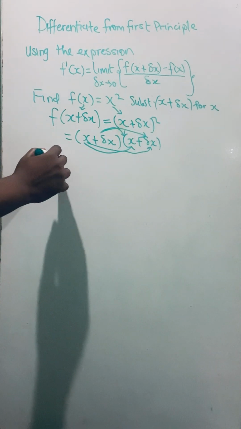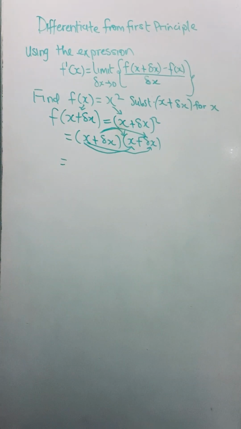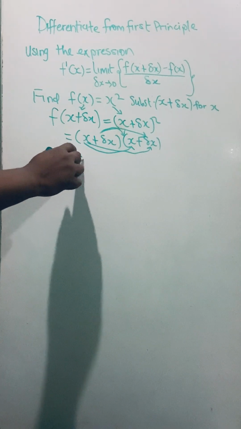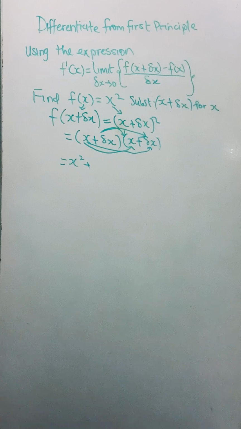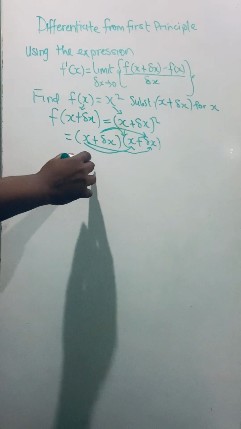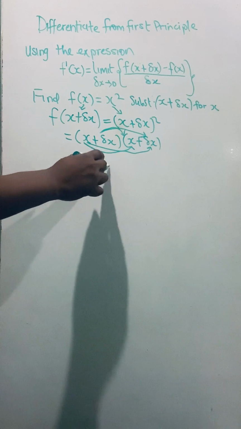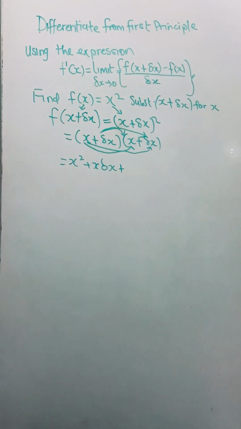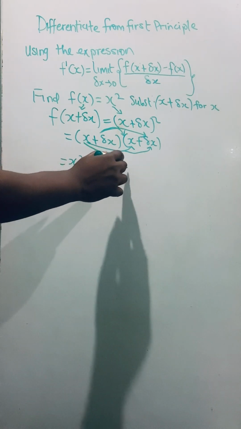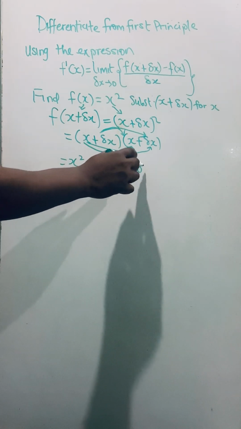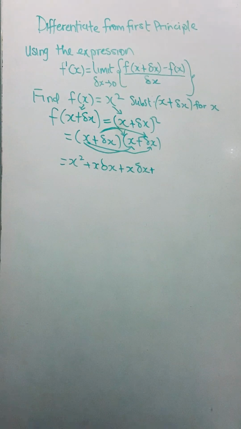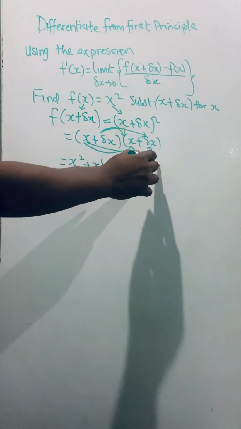So let's now do the multiplication. x multiplied by x will give us x squared, plus x multiplied by delta x will give us x delta x, then plus delta x multiplied by x we have x delta x, then plus delta x multiplied by delta x will give us delta x squared.